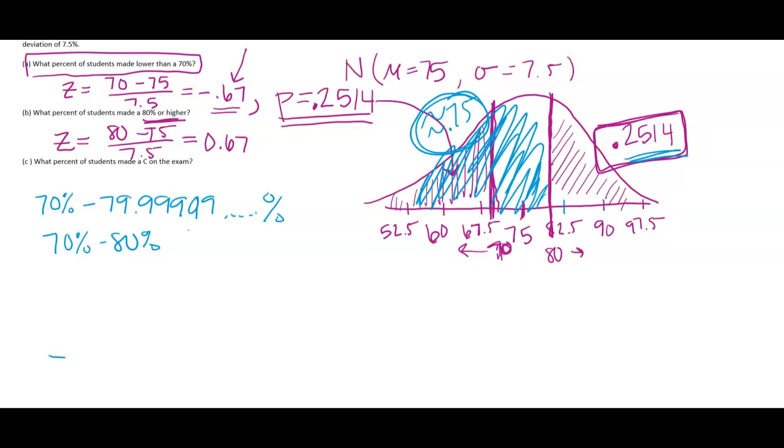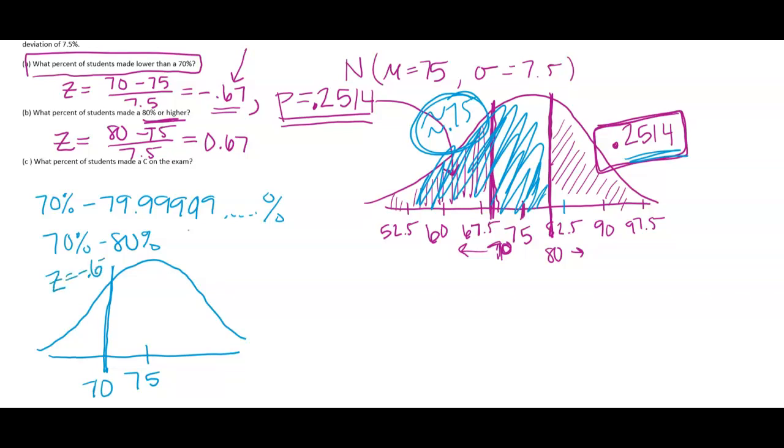Well, I've already found those two z-scores. So I already know if this is 70, right? That was negative 0.67. And if this is 80, oh, that wasn't really symmetric. That's okay though. That's 80.